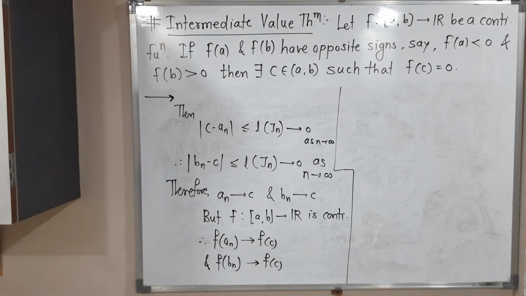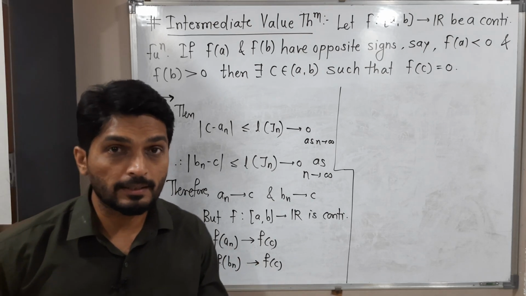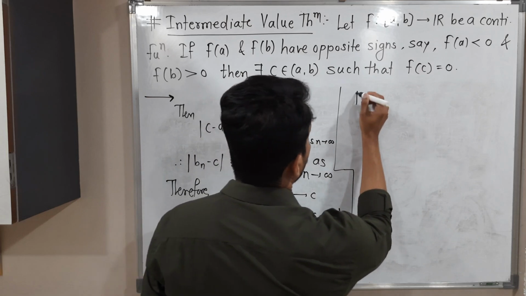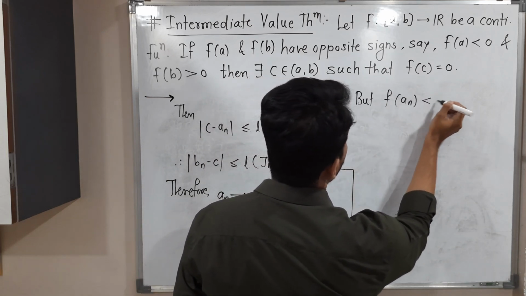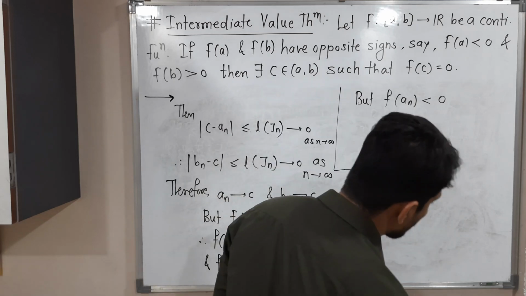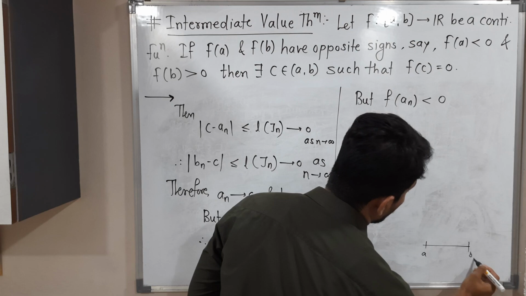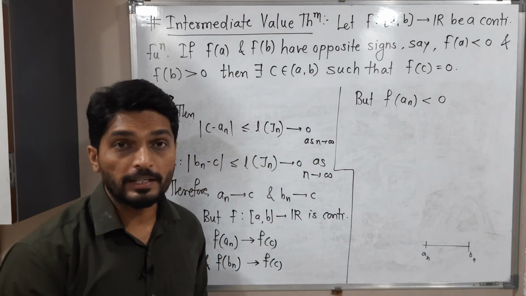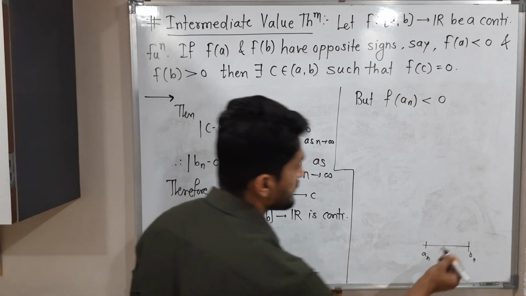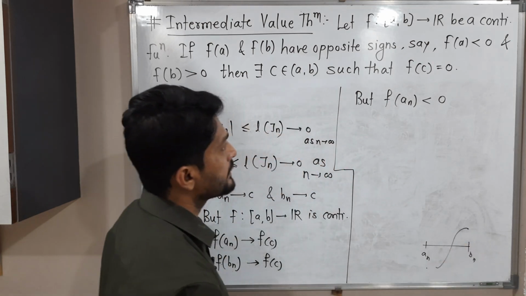But f of an is the starting point of each subinterval, so f of an is less than 0. I have already stated this thing. So this is an comma bn, and at the endpoints of the interval the function should have opposite signs. So f of an is negative and f of bn is positive.